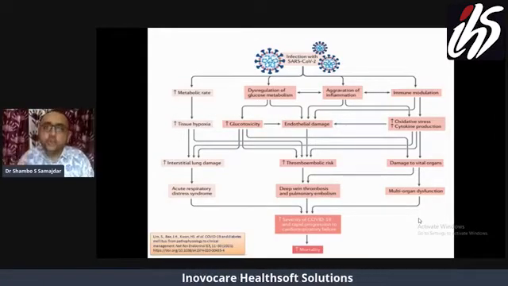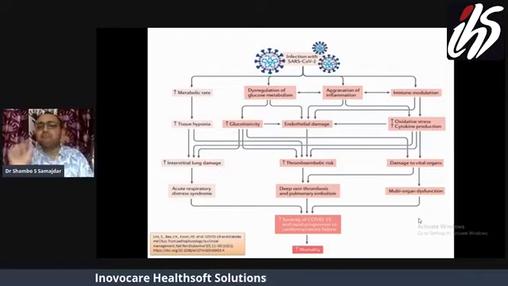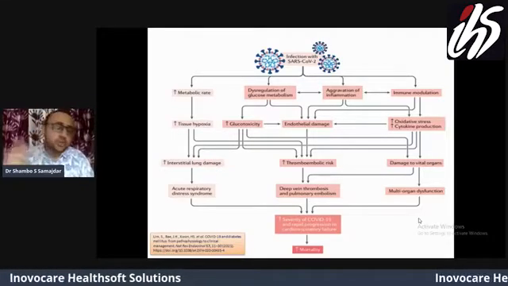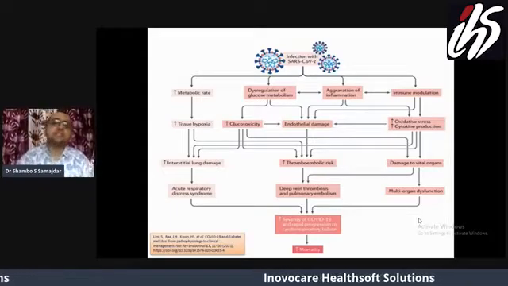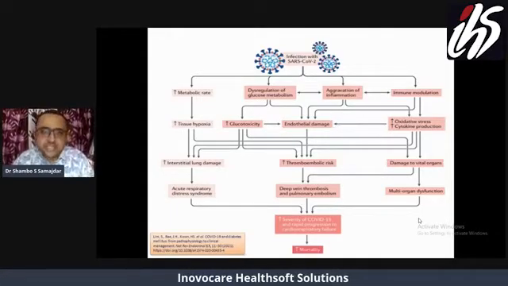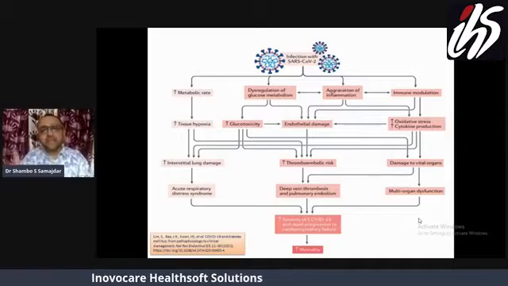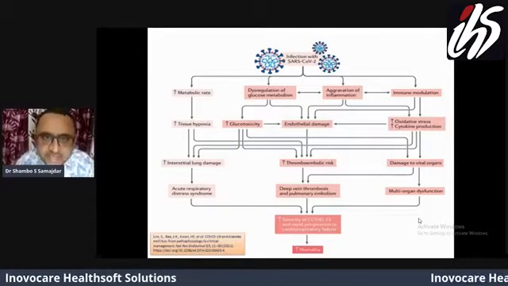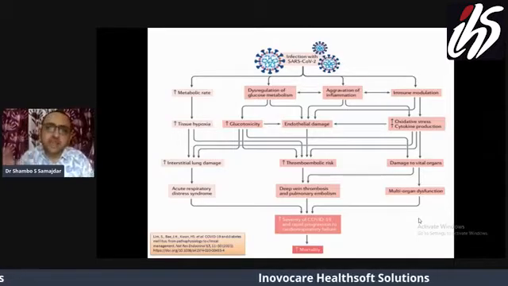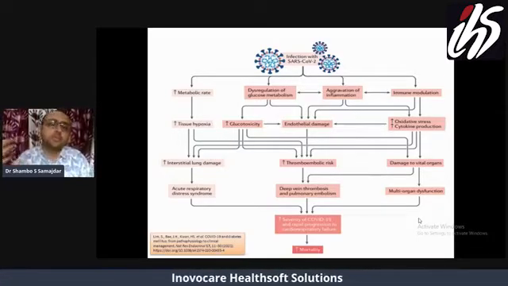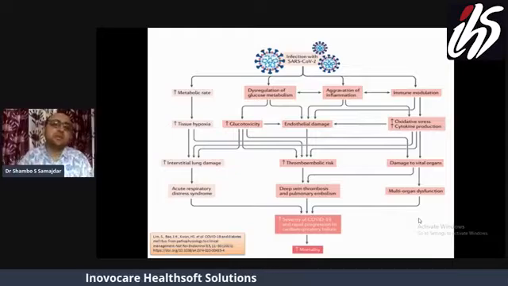Next is O, that means obesity. And for that, we know that obesity is directly linked with increased morbidity and mortality associated with COVID-19. Next is V, and for that, the viscosity of blood. That means we always know the D-dimer level goes up.